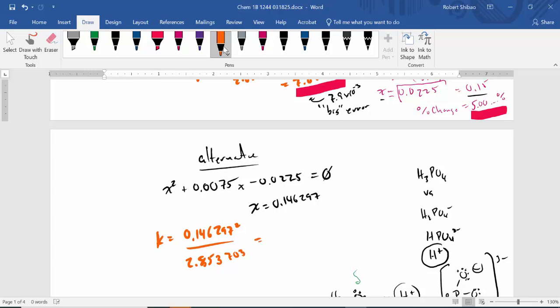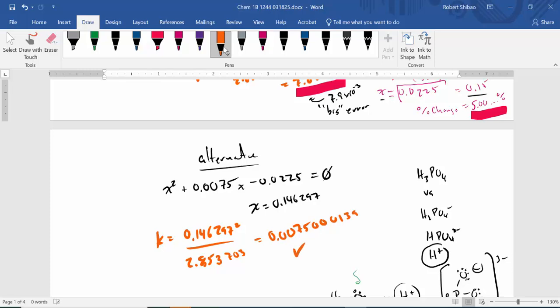Okay, let's invert that times 0.146297 squared. All right, now I get 0.075000139.